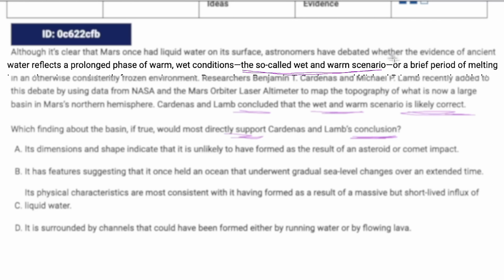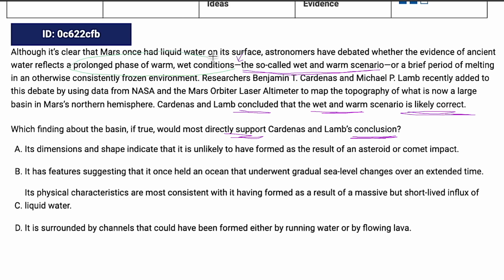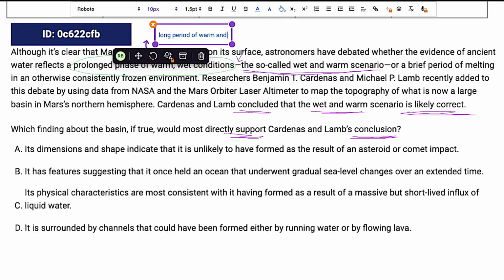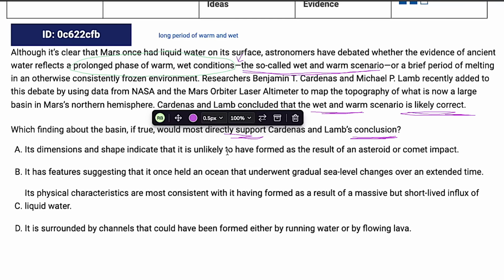We have an or after the dash there, so that's going to be a different option. So before the dash, we should get more information about the wet and warm scenario. It says it is a prolonged phase of warm, wet conditions. Cool. If I were to reword this, maybe I would say something along the lines of long period of warm and wet.